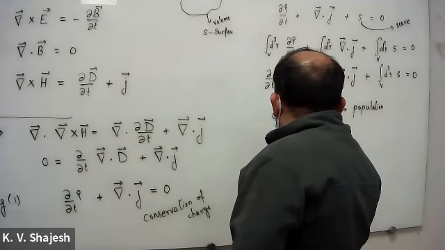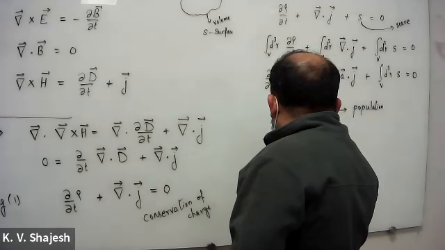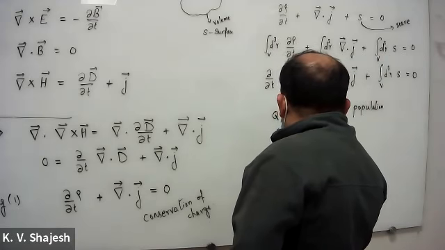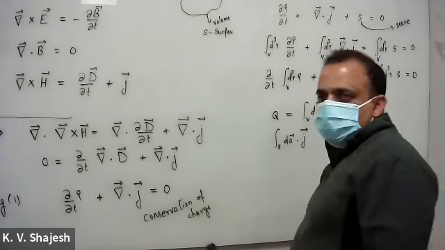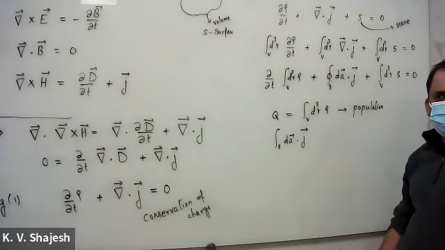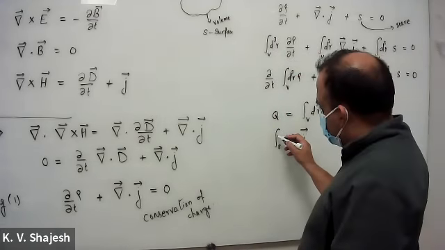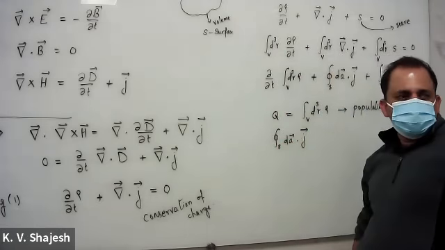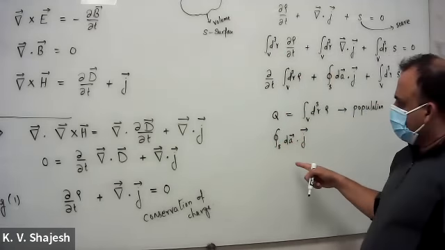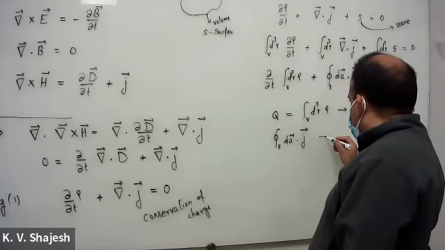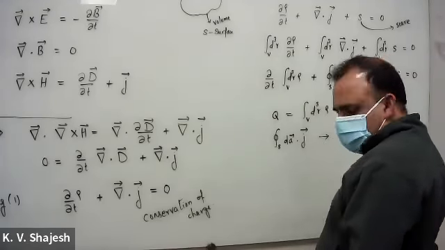In that spirit, S times dA, started with J. Now, what does this mean? Think of electric field integrated over an area A. This is the flux. So this is the flux of the population.